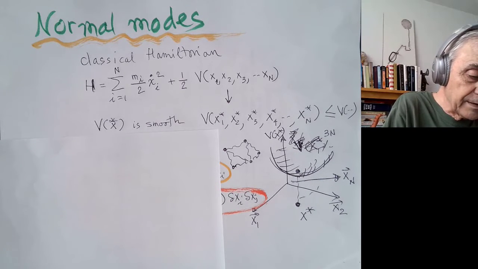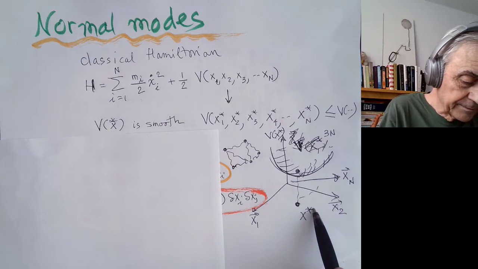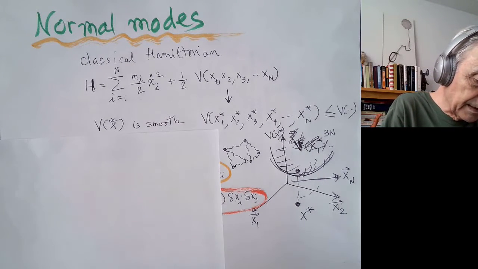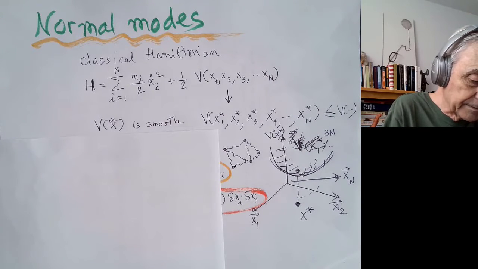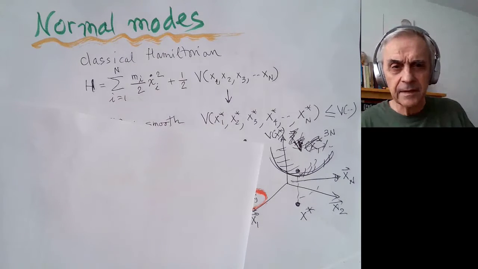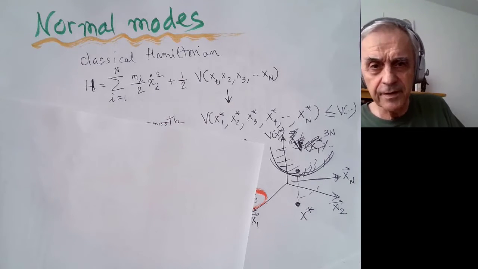Maybe there are 3n such coordinates. Now there's a particular choice of all of them, which we call x star, which has the property that when I draw this potential, it's minimal at that point. So that's a resting point of the system. All the forces are just in balance and nothing moves.